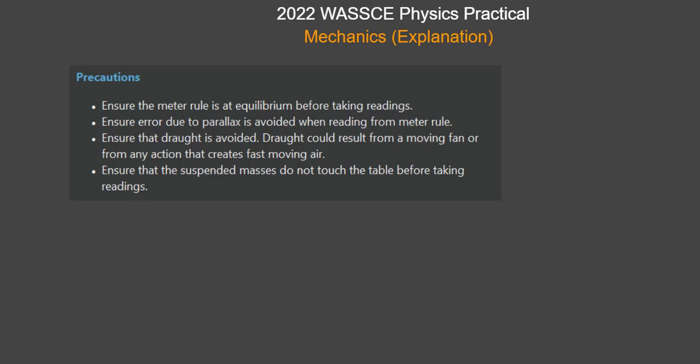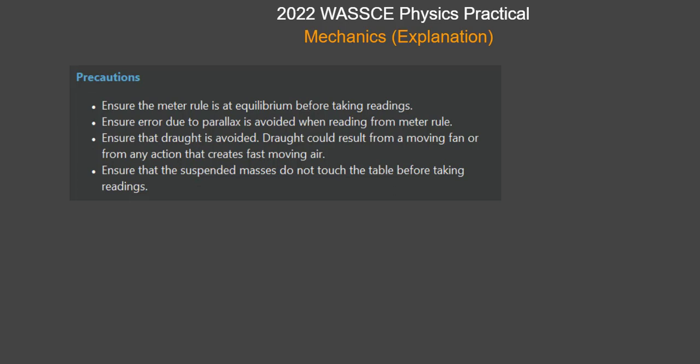So the fourth precaution is to ensure that the suspended mass does not touch the table before taking a reading. In other words, if your meter rule is placed on a knife edge, which happens to be on a table, make sure the thread or the string is not making contact with the table.